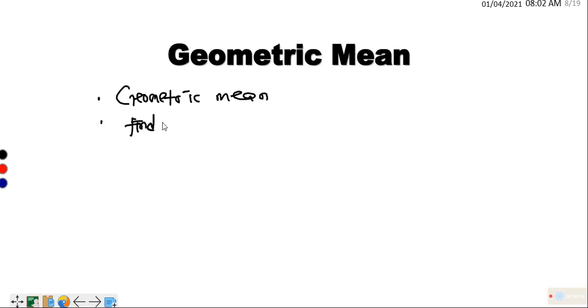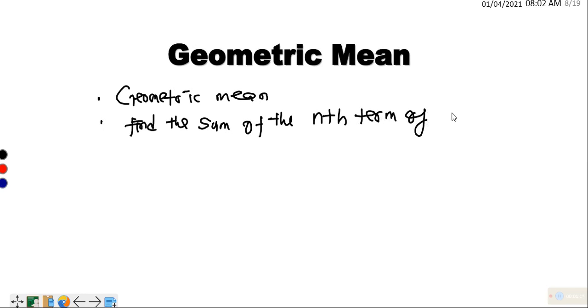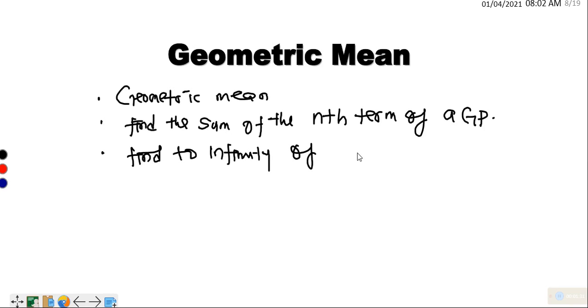Find the nth term of a geometric progression, and the sum of the nth term of a GP. And 3, you should be able to find the sum to infinity of a GP. So let us start as we continue the lesson.